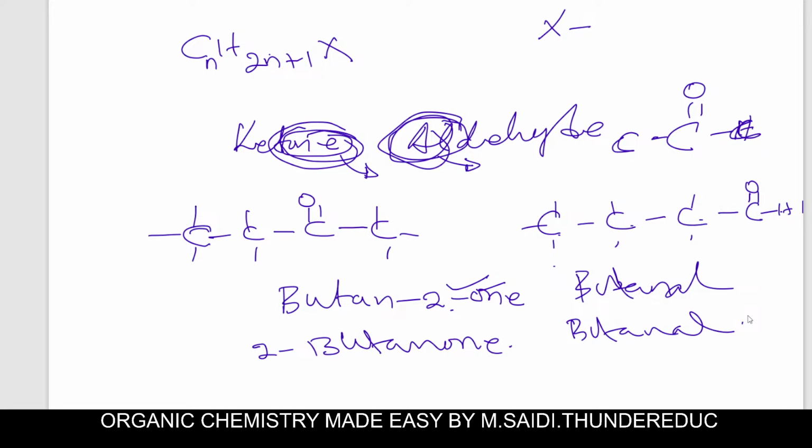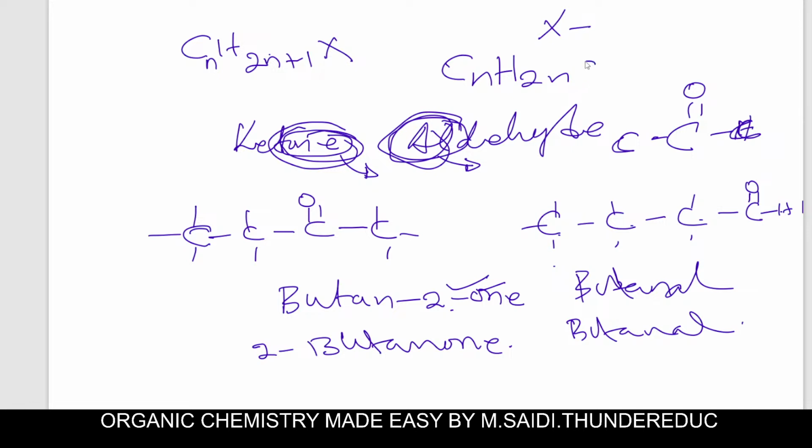And don't forget that they are derived from our general formula, CnH2n. They always start with that. If they bring anything that doesn't start with that, just know that hydrogens have been replaced with an oxygen.